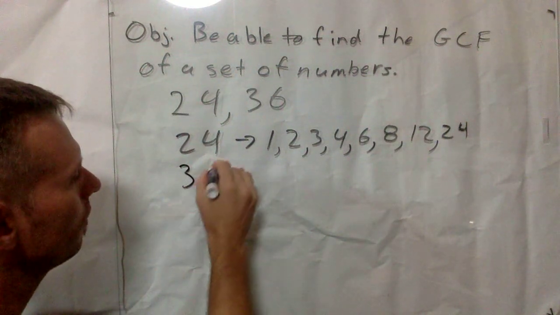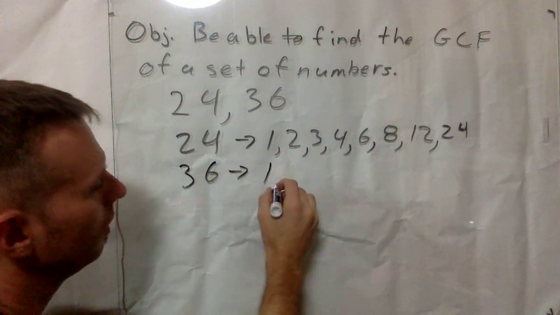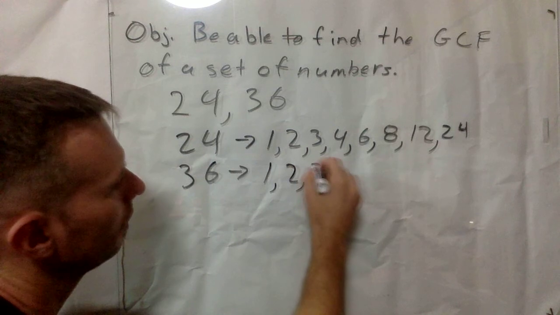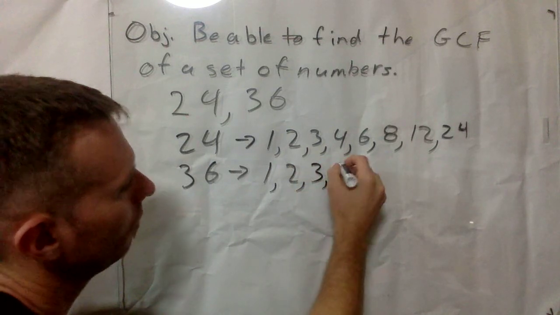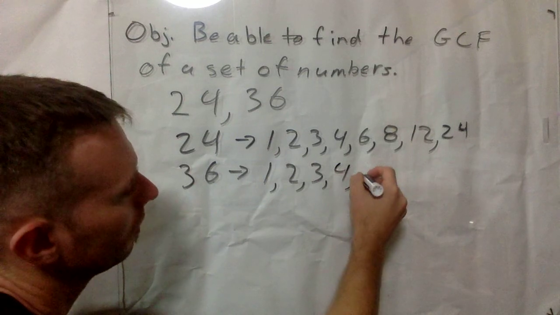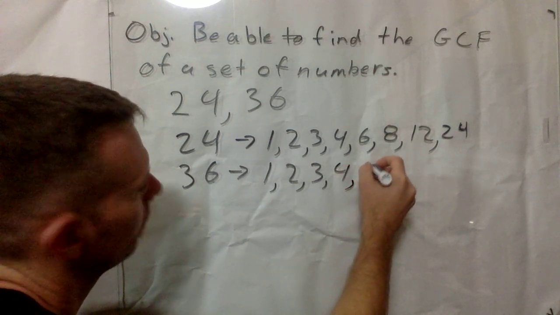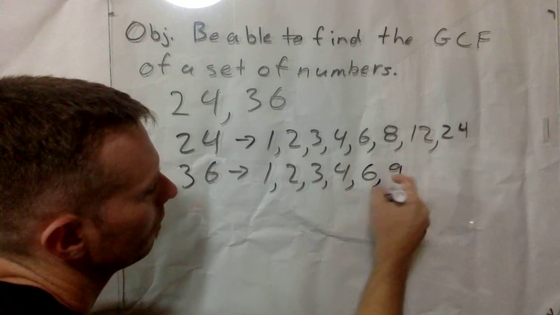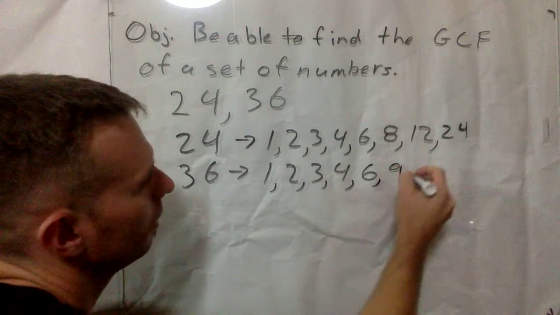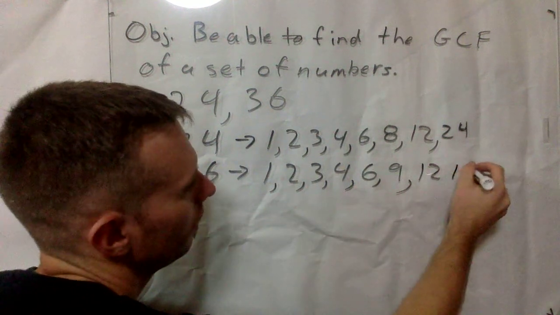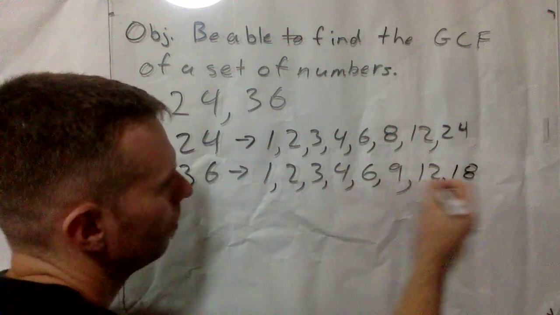Then the factors of 36 are 1 times 36, 2 times 18, 3 times 12, 4 times 9, 6 times 6.